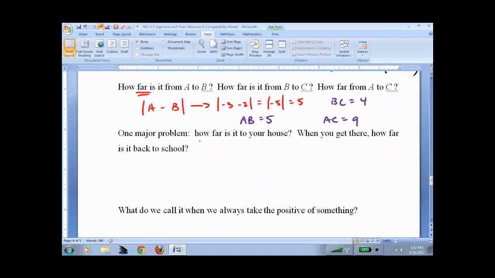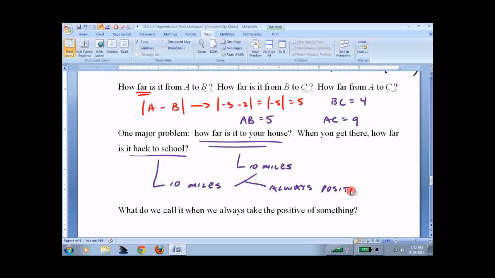And this is what I just talked about. How far is it to your house? Say 10 miles. And when you get there, how far is it back to school? You'd say 10 miles again. This is always positive. Just like a segment length is always positive.